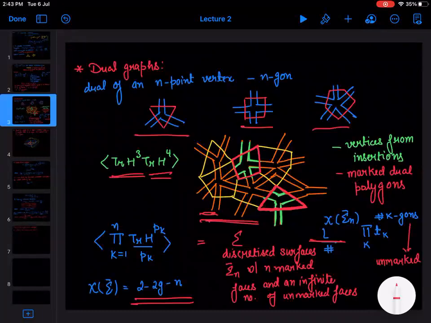Okay, so is this discretization clear now? Also, somebody was asking me for an example of the dual surface, and I would like to mention that yesterday I was not being careful while drawing the dual graph of the trace M to the power 4 that we had.